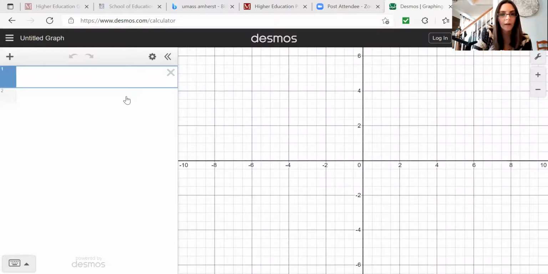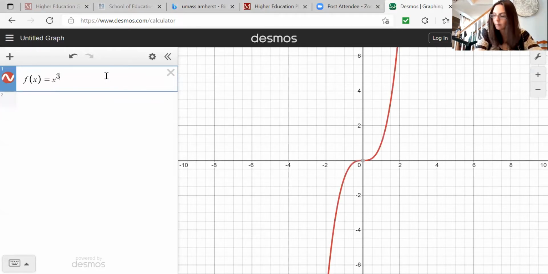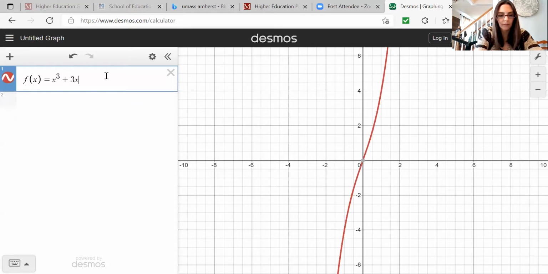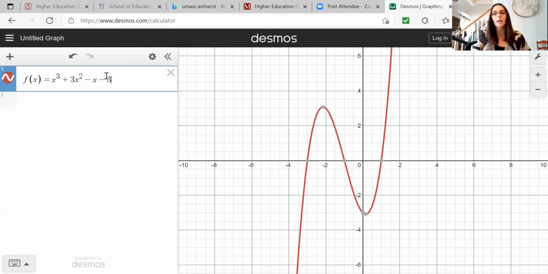There we go. I'm going to type in our polynomial function. And if you look here, you can see three x-intercepts. I have one here at -3, one here at -1, and one here at 1.